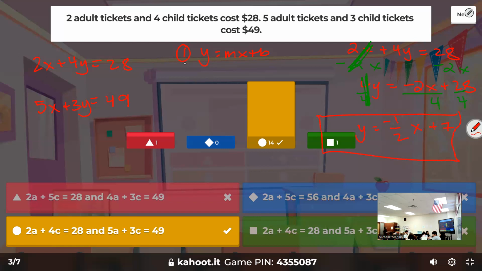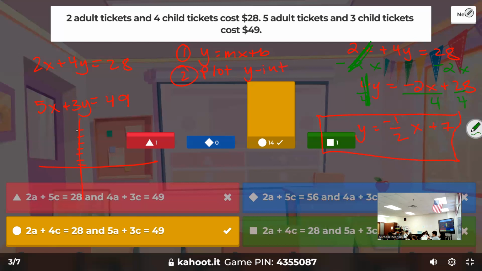So after making it slope intercept form, what would you do? What would you plot first on your graph? You plot your y-intercept. So if this is my thing that I was graphing, I would put a dot where the y-axis is 7. So 1, 2, 3, 4, 5, 6, 7.